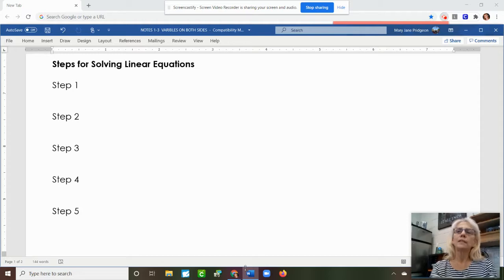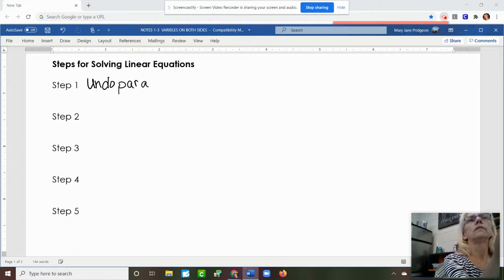So the process that we have to go through again, remember, is that we're going to undo the order of operations. So the first thing we always have to do is kind of multitask here, is undo any parentheses and collect like terms.